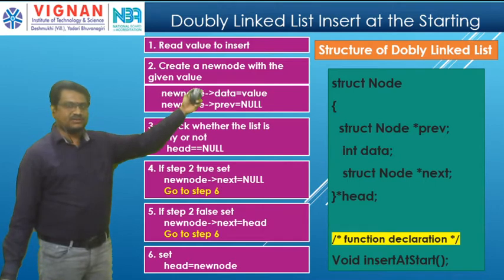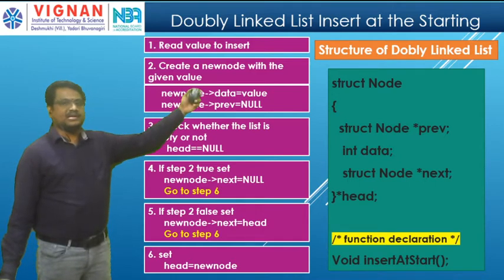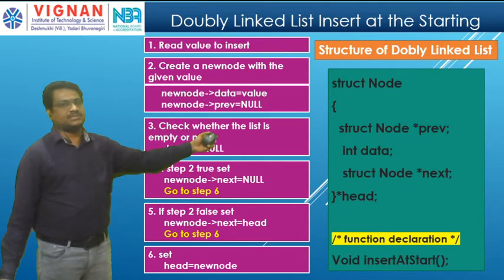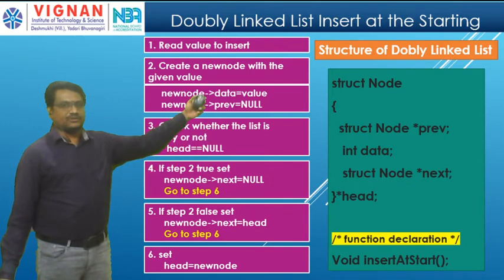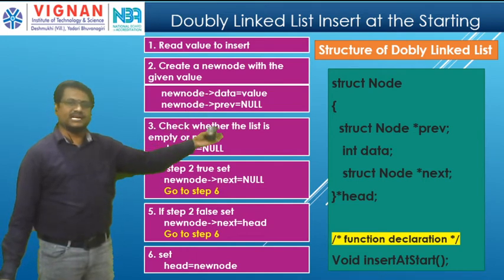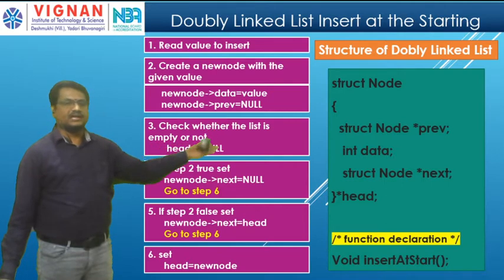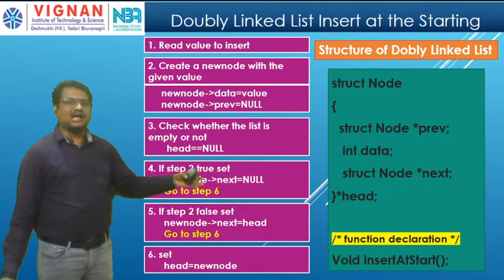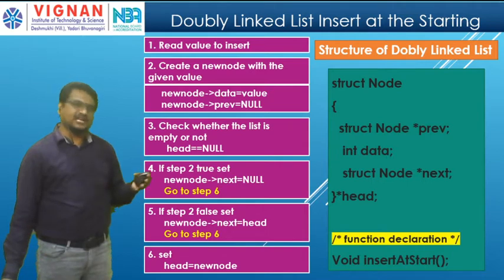Am I right? I created a double linked list node, and this structure node contains three members. One is the address to store the previous element, the second one stores the data, and the third one stores the address of the next element.